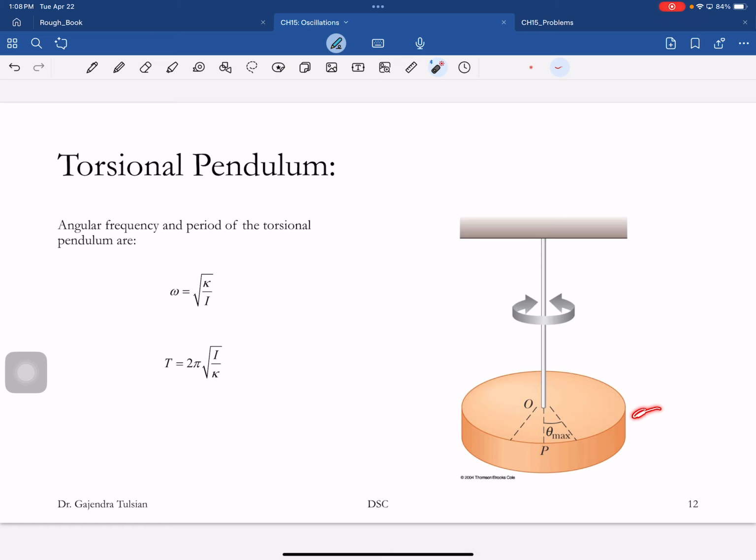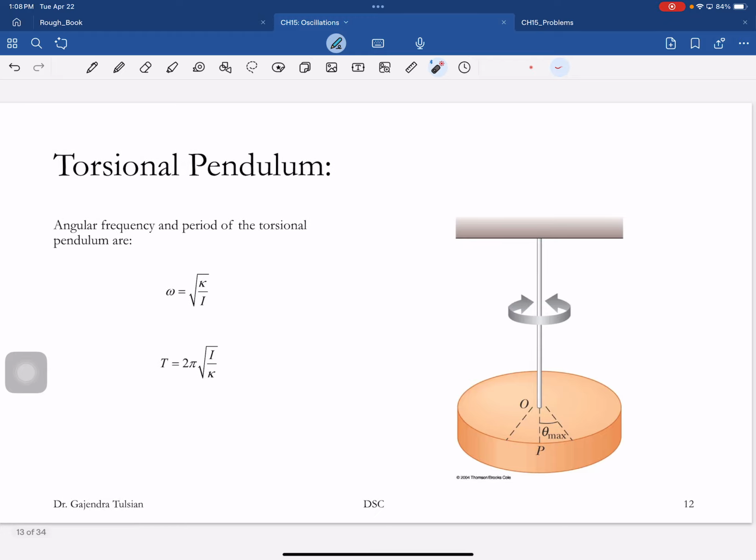The greater the moment of inertia, the greater the period. The stiffer the spring, the lower the period. So a steel wire will give you a lower period than an aluminum wire. So that's what that is telling me.